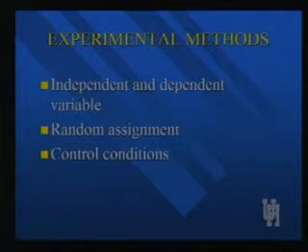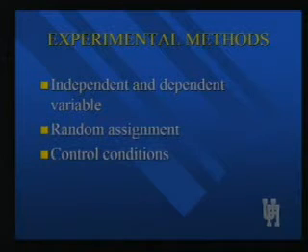So it's independent of nature. You are determining the independent. And again, if I could randomly assign people to be smokers or non-smokers, that would be an independent variable because of the random assignment. And random assignment is a major feature of experimental methods.